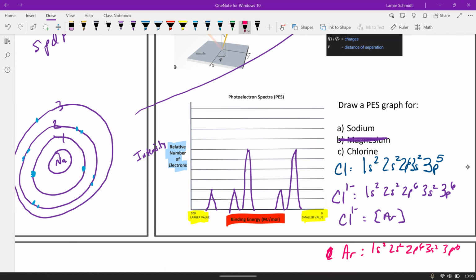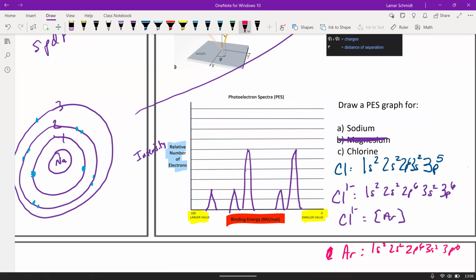But wait, are their peaks going to be identical? No, but this time the ion has fewer protons than the noble gas we're comparing it to, even though they have the same configuration. So what does that tell you about the peaks for argon?